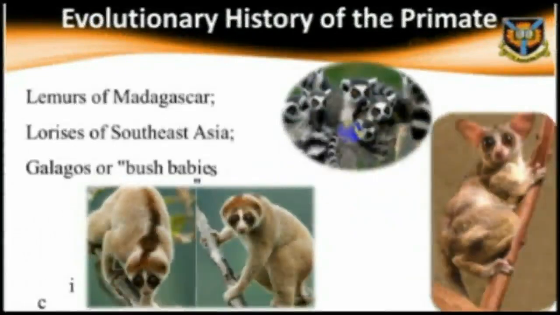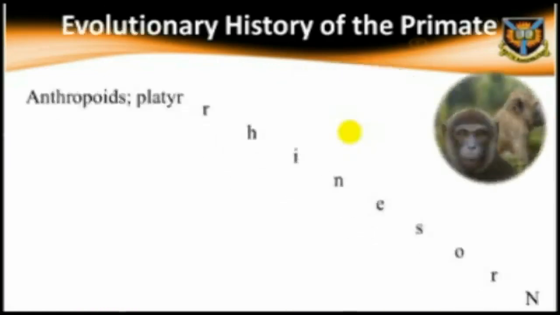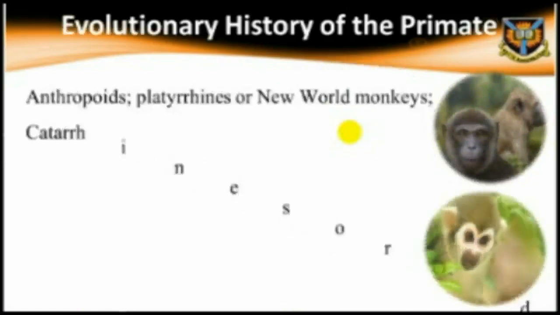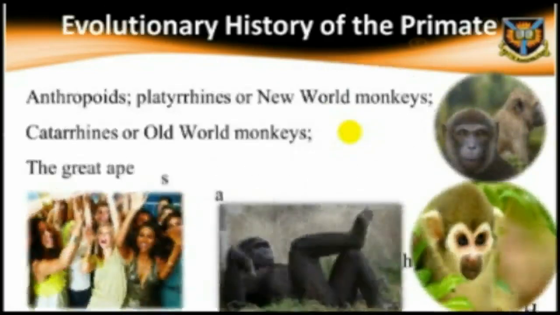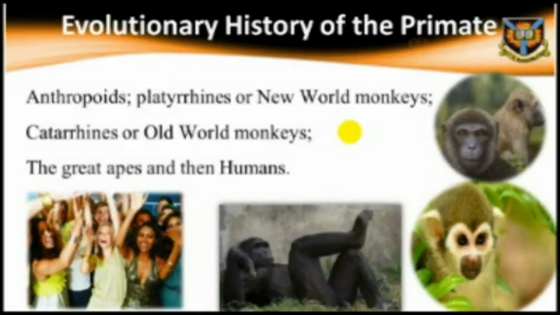Lorises of Southeast Asia, 3. Galagos or bush babies of Africa, 4. Platyrrhines or New World monkeys, 5. Catarrhines or Old World monkeys, and 6. The great apes and then humans.